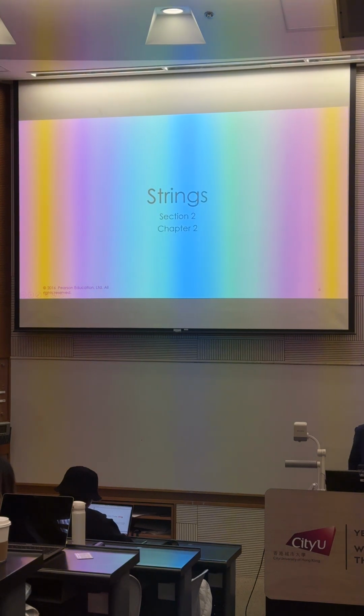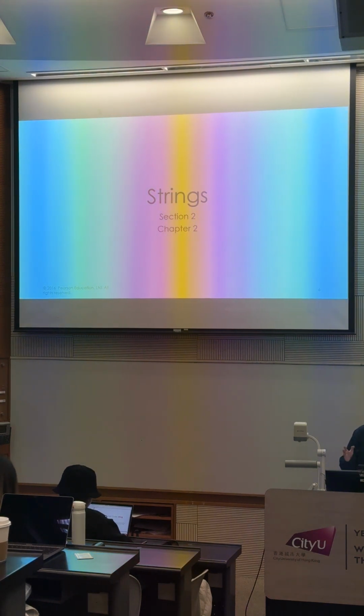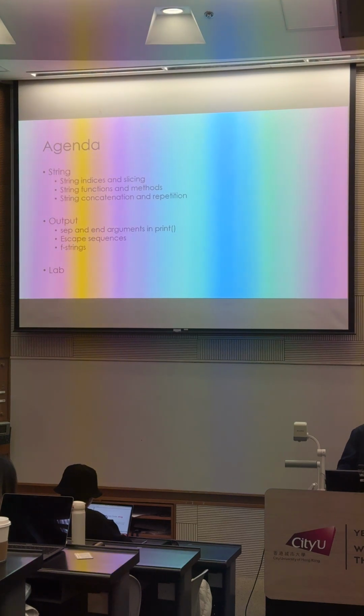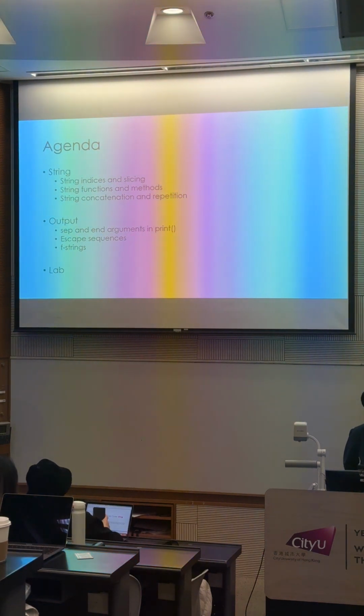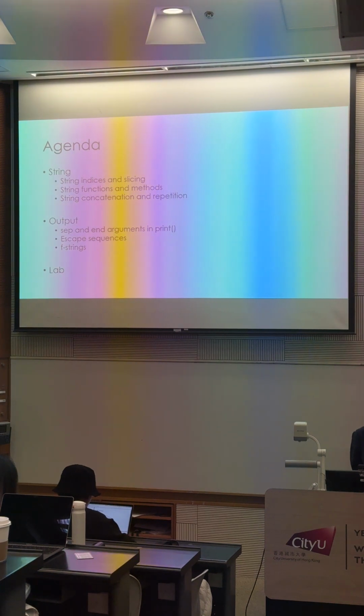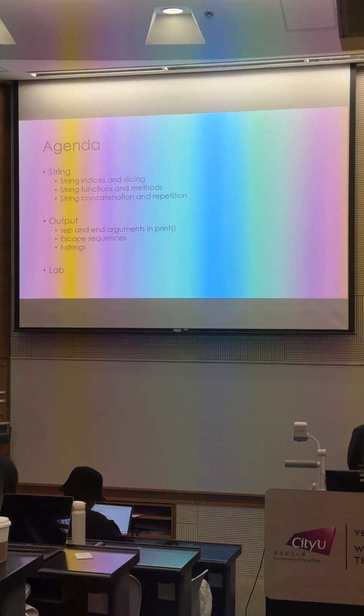For today's content, you can find it in chapter 2, section 2 of our textbook that we introduced in lecture 1. And this is today's agenda. First of all, we will talk about string indices and slicing, string functions and methods, and string concatenation and repetition.